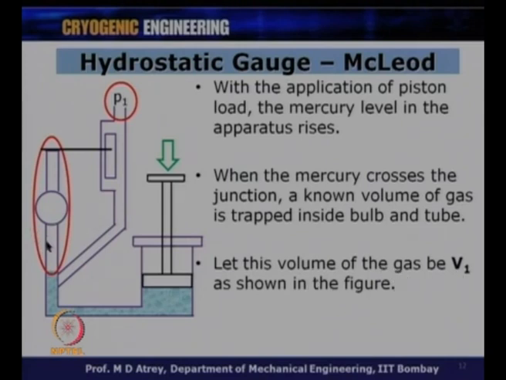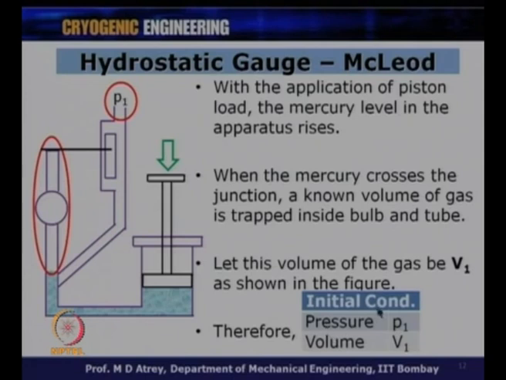So, now here we have a pressure of P1 and a volume of V1, because P1 was initially maintained. We just came up and we know that there is a volume of V1 over here, and we know that P1 and V1 are the pressure and volume respectively that are going to be here. Therefore, the initial condition is pressure P1, volume V1. All right. I am sure you are clear about this.